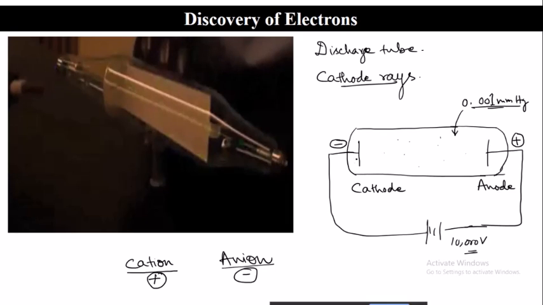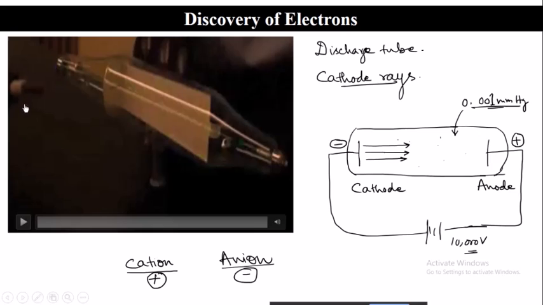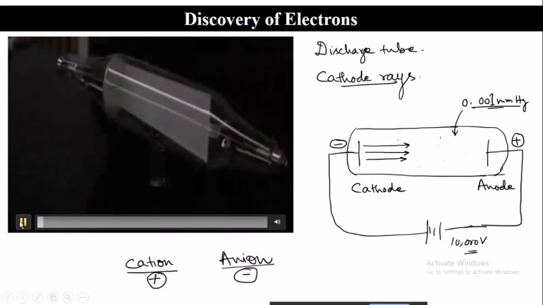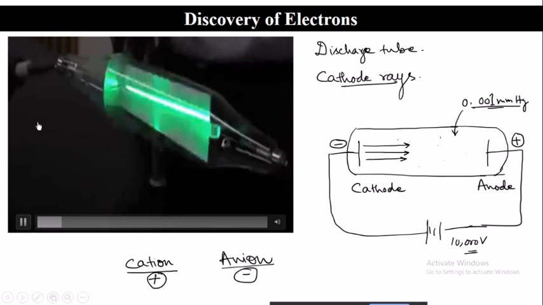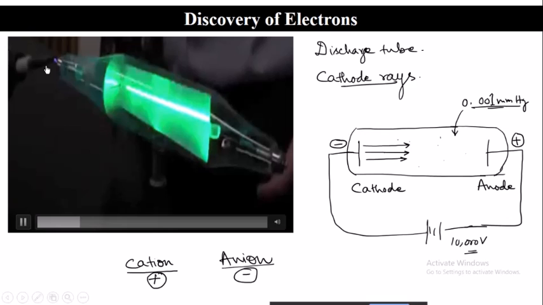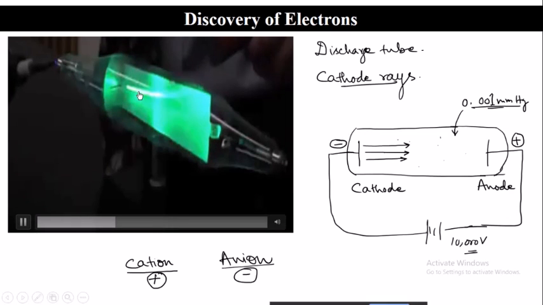Now what is going to happen is that from the cathode some rays will start emitting, and these rays will move in a straight line towards the anode. In this experiment, the voltage is applied, and when he uses the magnet, the beam moves up and down.